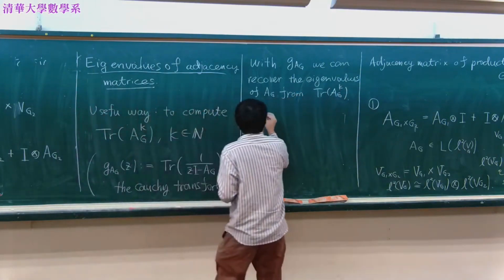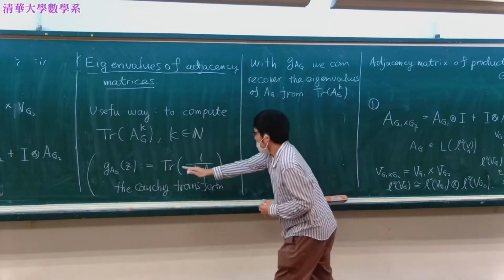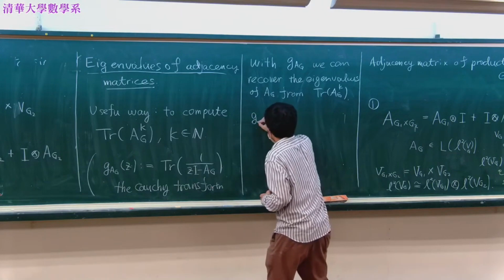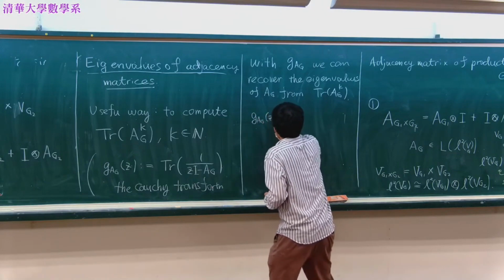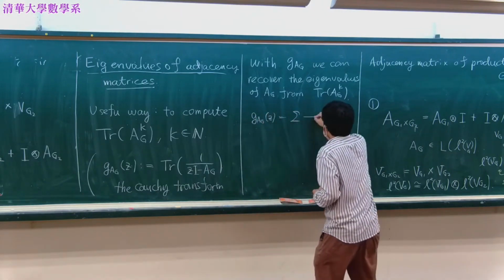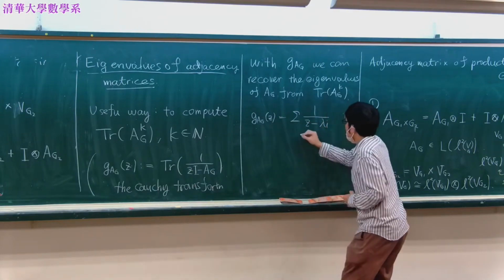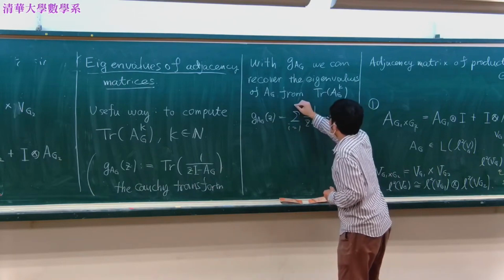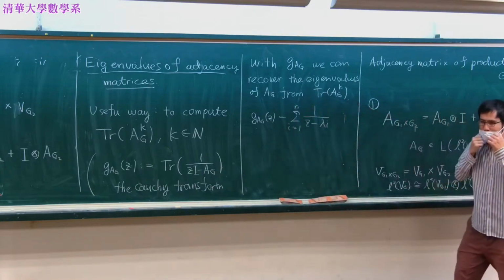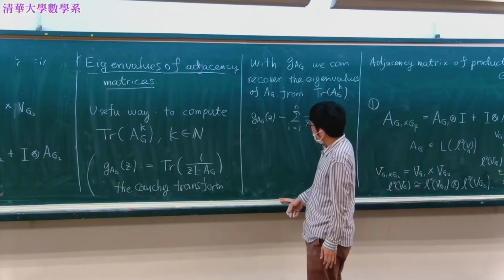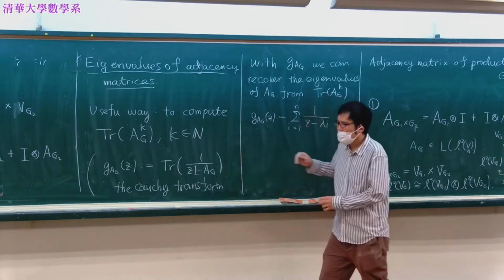This is because, on one hand, this Cauchy transform of AG of z has the expression sum of 1 over z minus lambda_i, i is 1 to some number, by functional calculus.